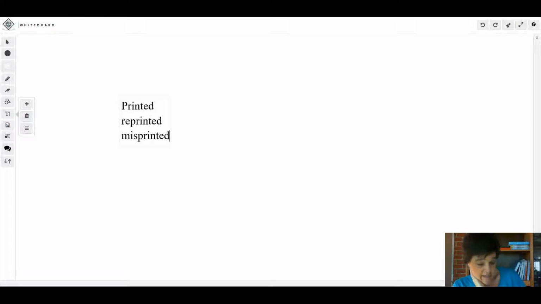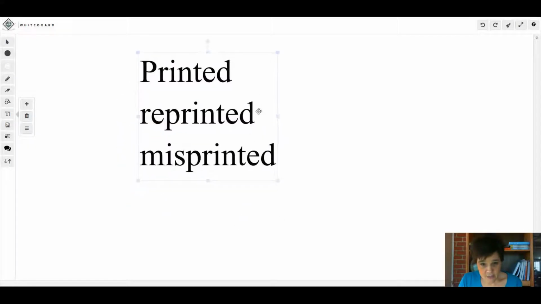Today we're going to be talking about something called a prefix. Now I want you to look at this word right here. Let me make it a little bigger. This word is printed. Now look at this: reprinted and misprinted.